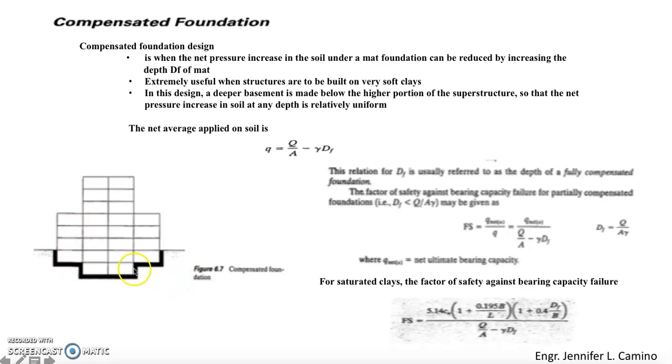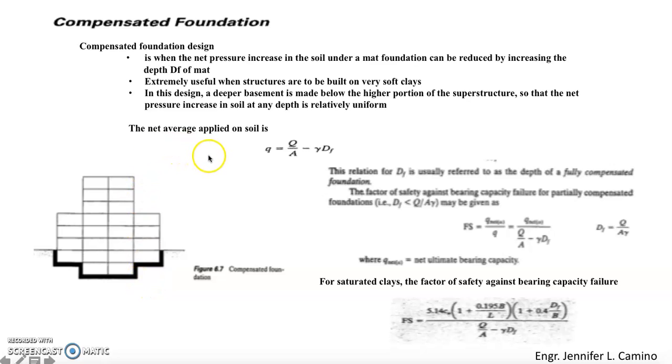So if you're going to observe, this is a compensated foundation wherein for a higher portion of the superstructure, you have a deeper basement, so that the net pressure increase in soil at any depth is relatively uniform, because you increase the depth of your foundation for a higher portion of the superstructure, so the net pressure below would be relatively uniform.